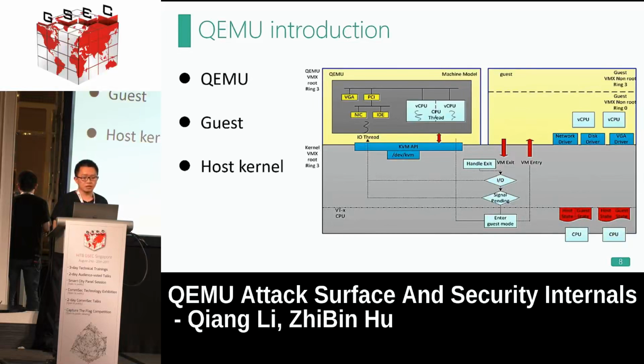We call this a VM exit. When KVM recognizes this is an IO event, it will dispatch this IO event to QEMU, and QEMU will do the device simulation. So this is the architecture.